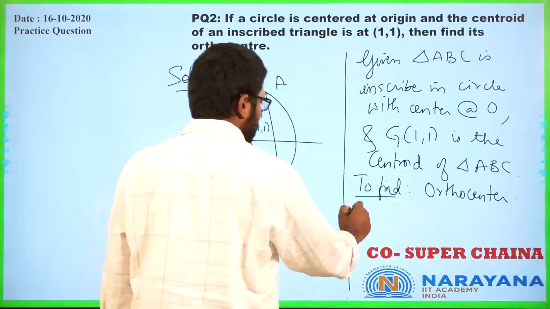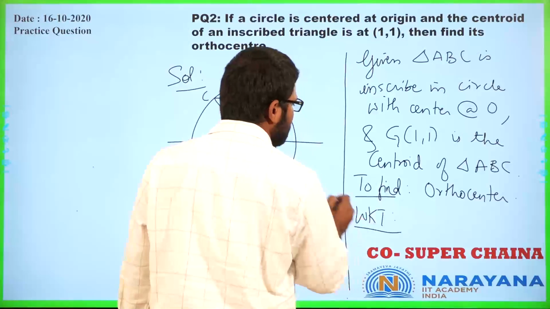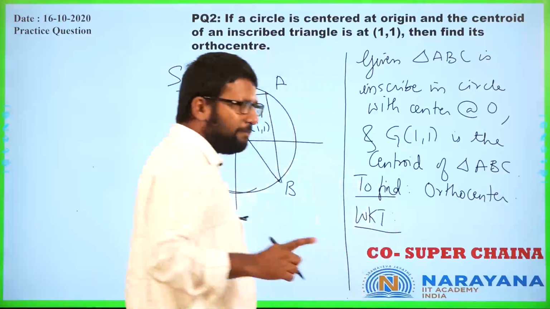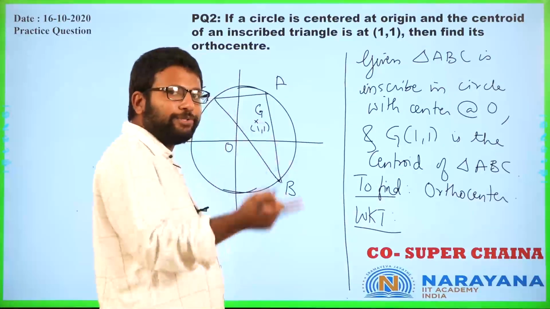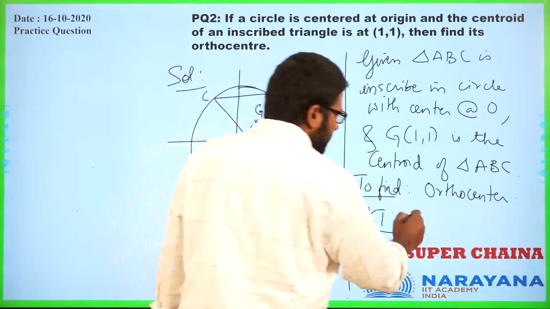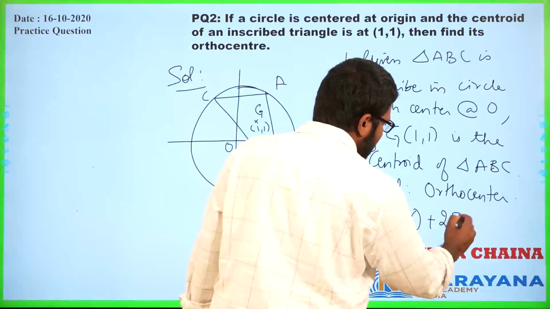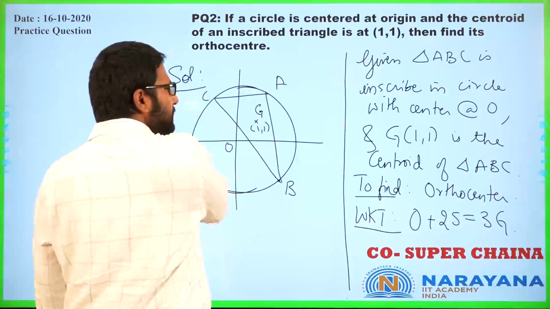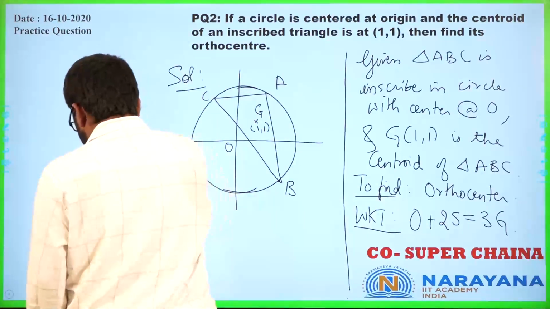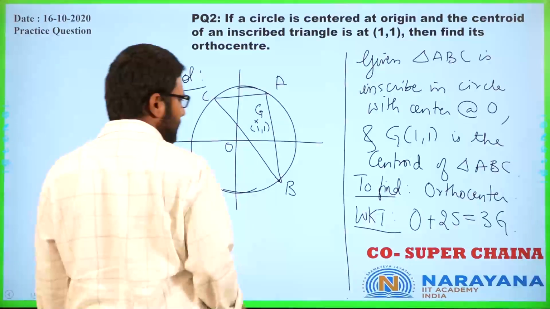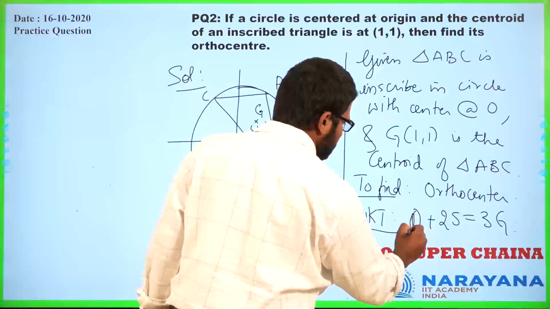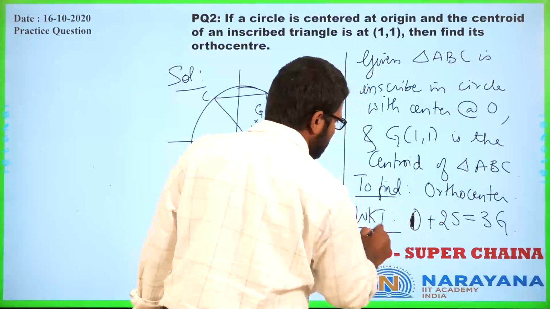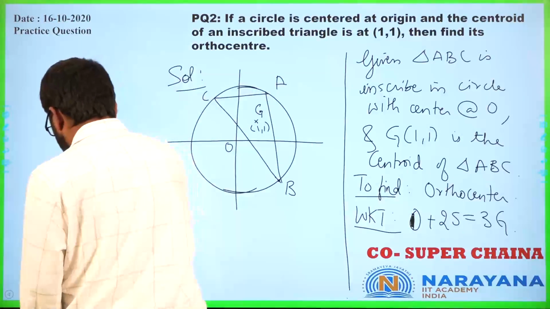Right? So now what is the relationship between centroid, orthocenter and circumcenter? O plus 2S equal to 3G, right? Where, once again, this O is not origin, so we will put a slightly different mark here.